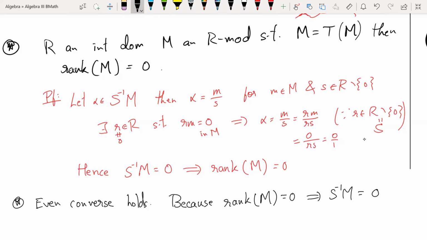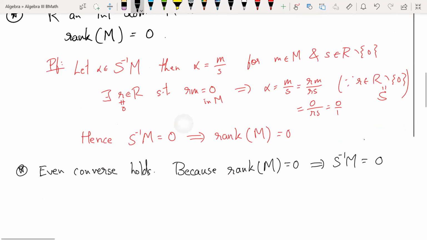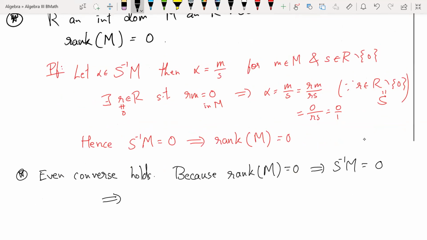But this precisely means that m over s equals 0 for all m in M and s in R minus 0.